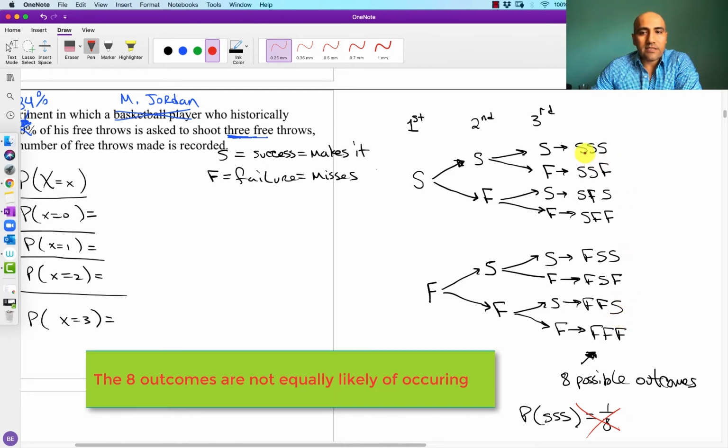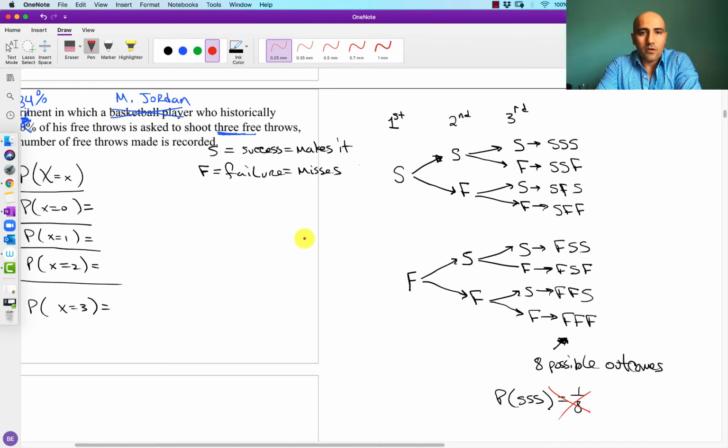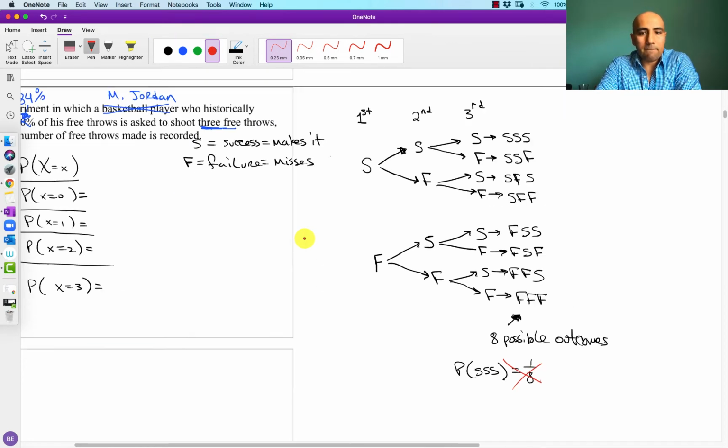The probability of success is different from the probability of failure. So some of these situations are more likely to occur than others. The possibility of him failing all 3 is going to be the most unlikely outcome because he's pretty good. He usually gets 84% of his free throws, so for him to miss 3 in a row is not very common.